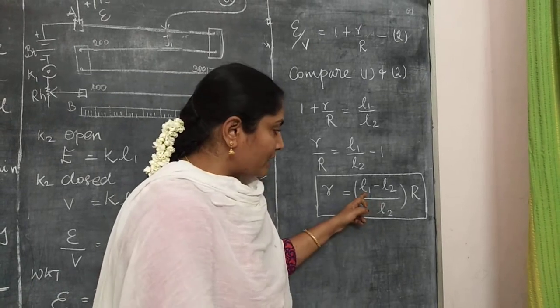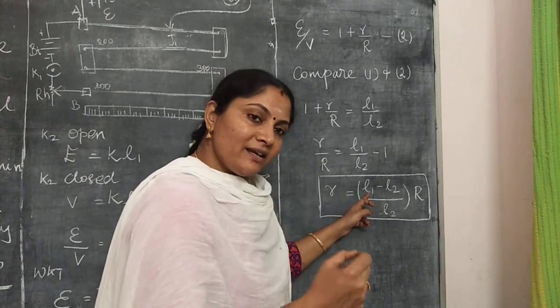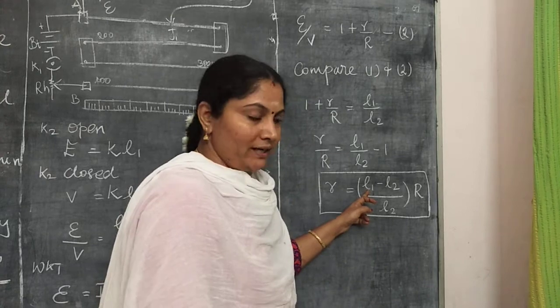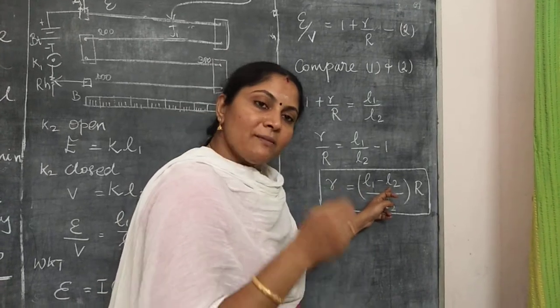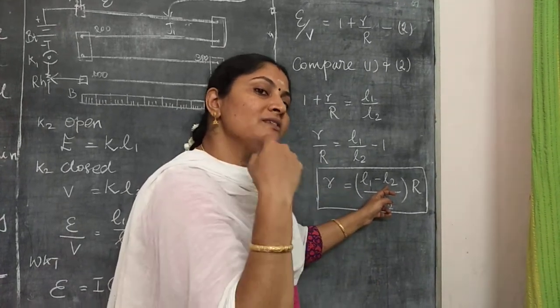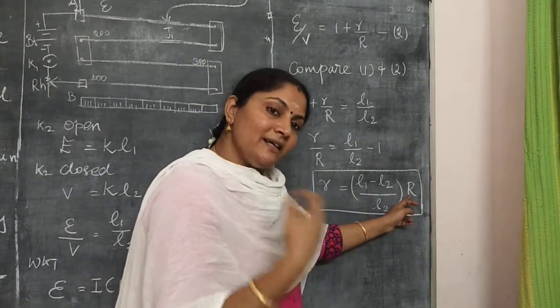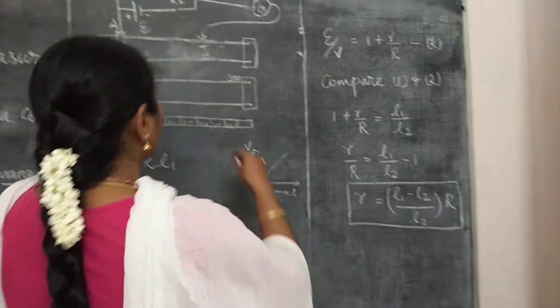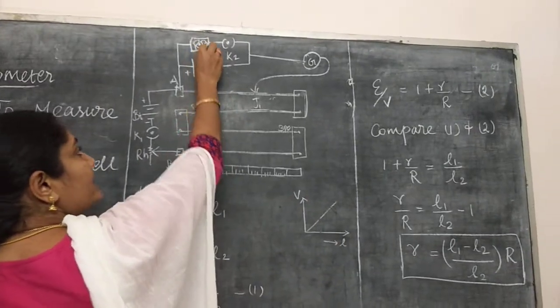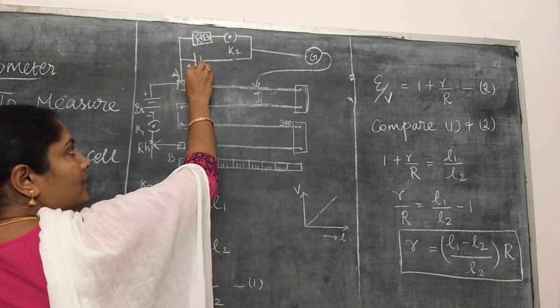This is the expression for the internal resistance of the cell. What is L1? That is the balancing length when K2 is in open condition. What is L2? That is the balancing length when K2 is in closed condition. And what is capital R? That is the external resistance that can be chosen with the help of the resistance box which is connected in parallel with the cell.